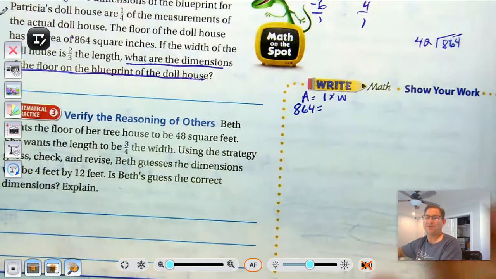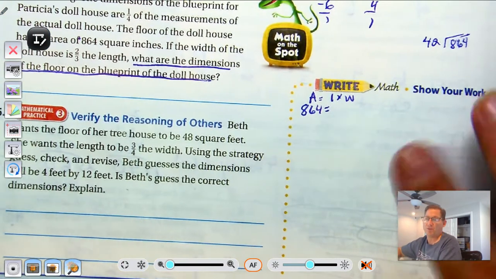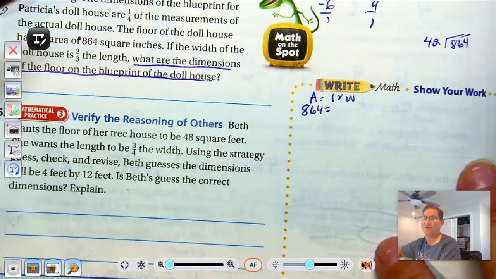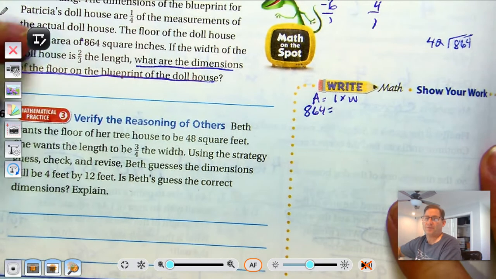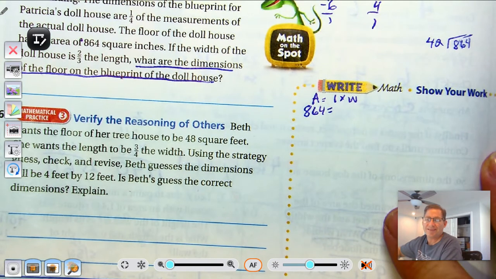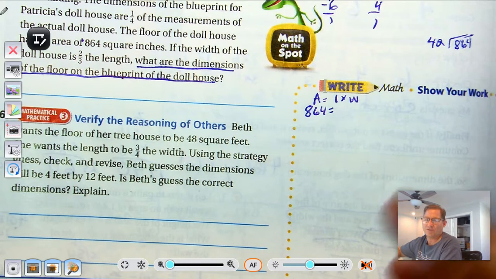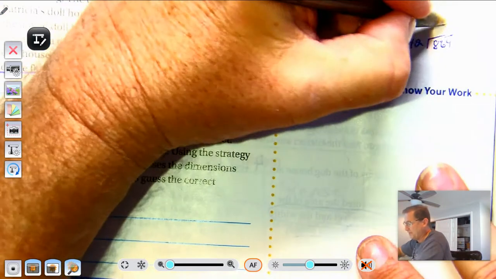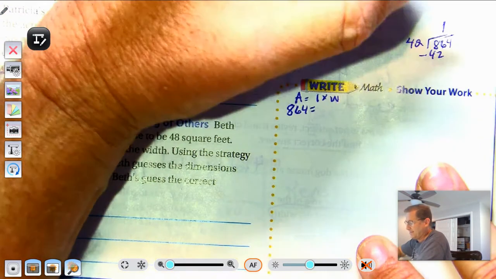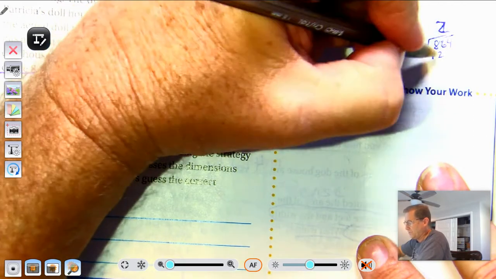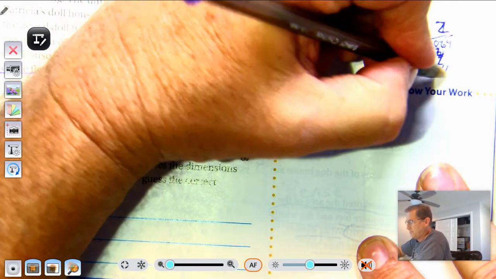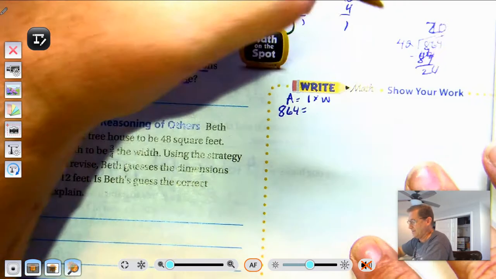I don't know. I'm just trying to come up with numbers that, if I multiply them together, will give me 864. It could be like 40 times 20. So that's kind of where I'm starting. So I'm going to say 42.